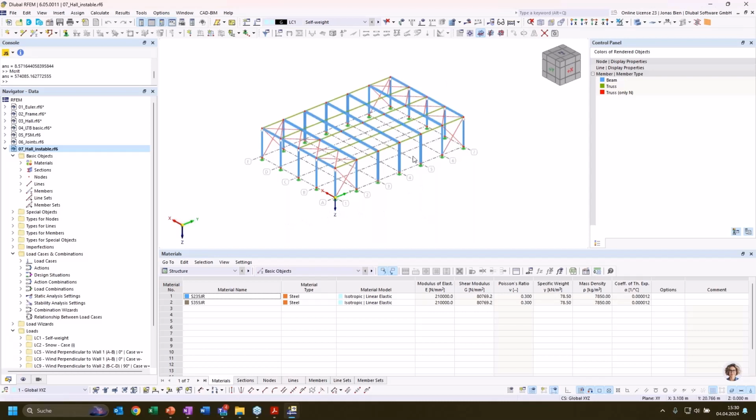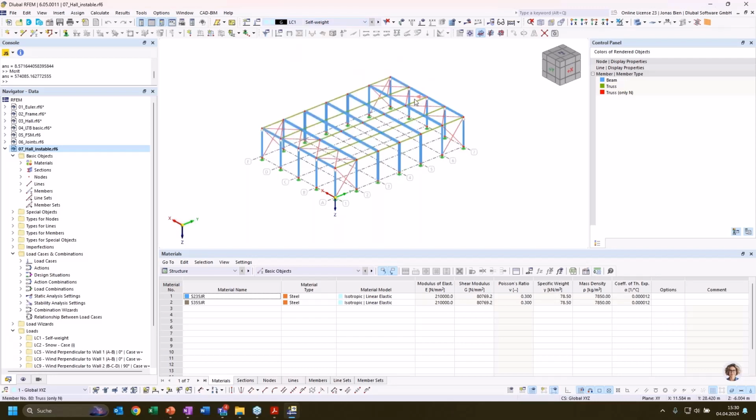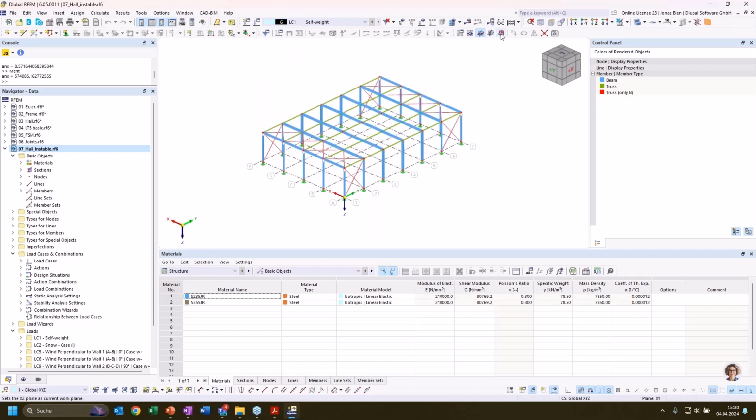So for example, I would have now modeled all my structure, I would have put in all my load cases, and now I would like to press calculate and grab a coffee and enjoy that my model is calculating for me, with the computer doing the rest of the job.